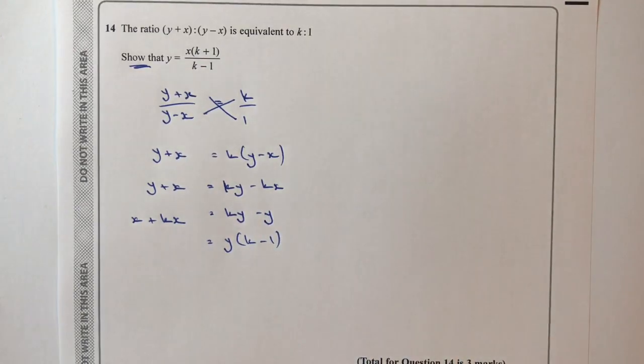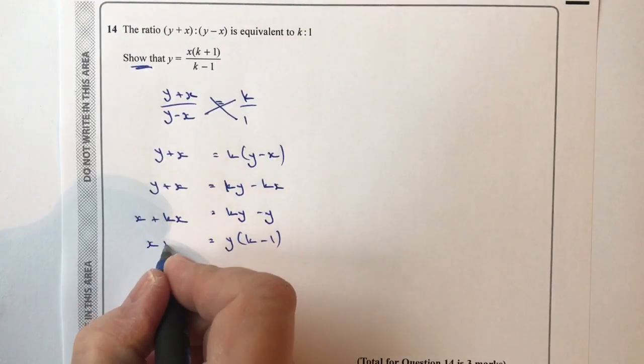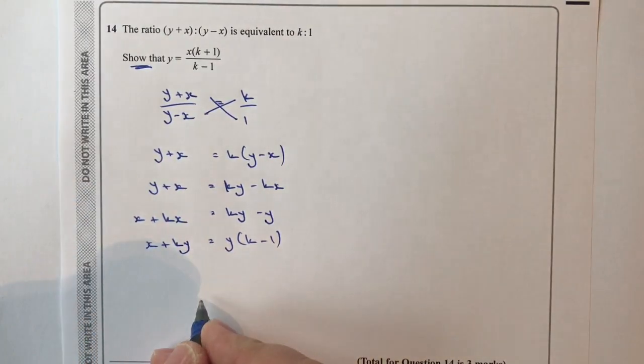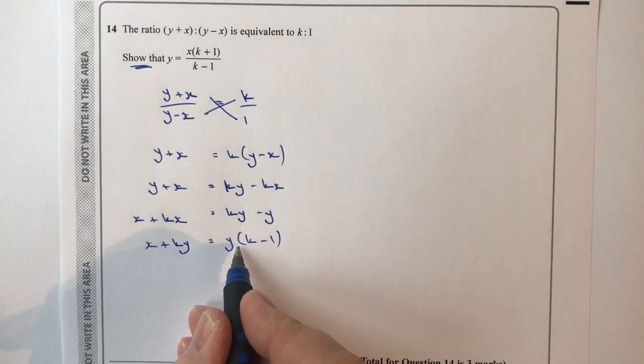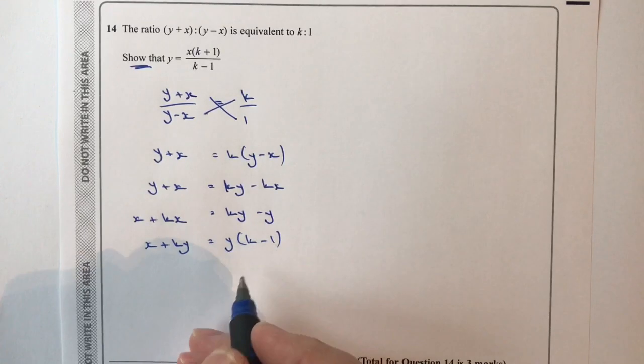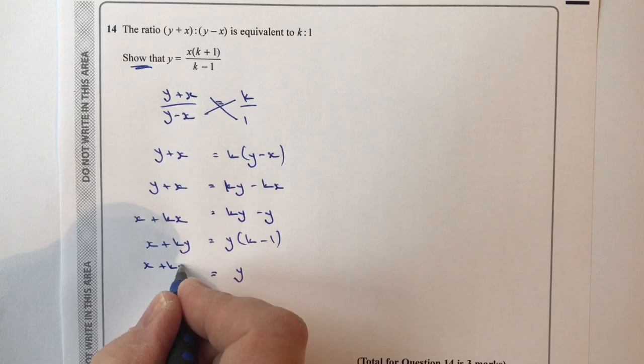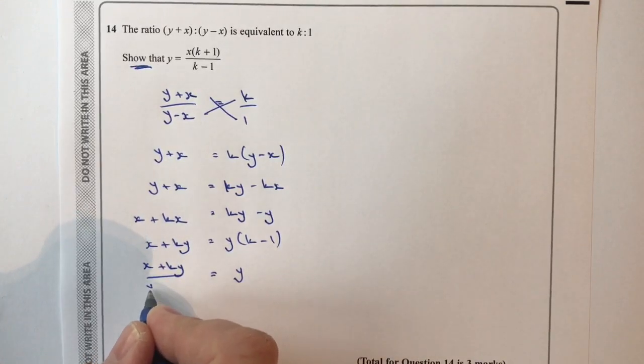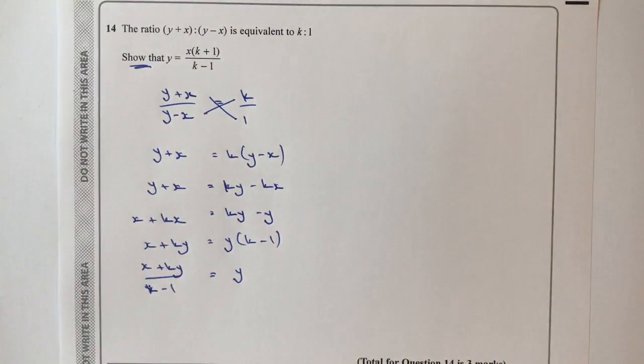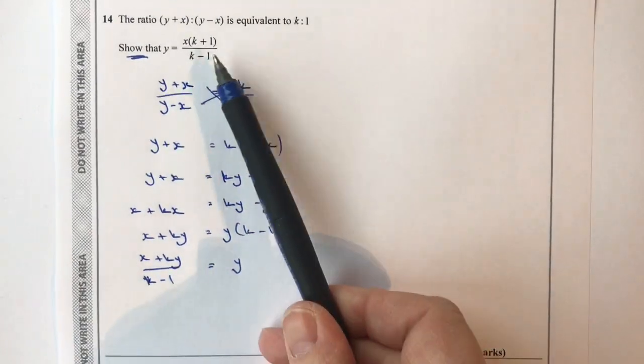On the left hand side I've still got x plus ky. But I can divide through now by k minus 1, so I get y equals x plus ky divided by k minus 1. And we're almost there, because we've got to make it look like this first bit.